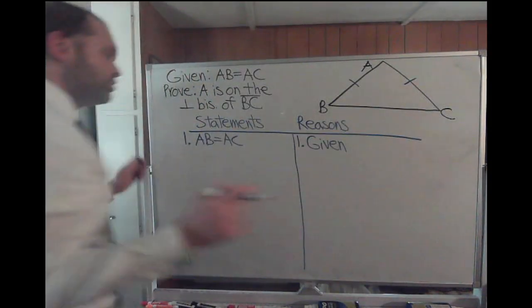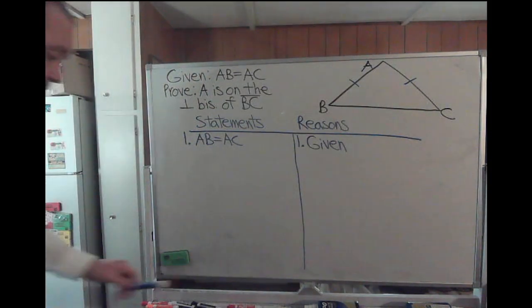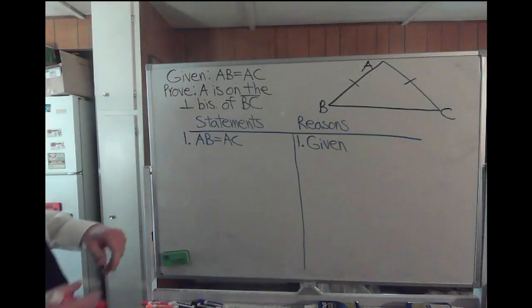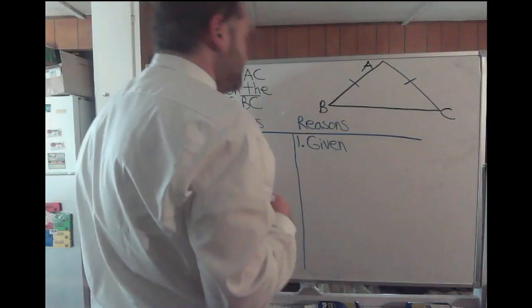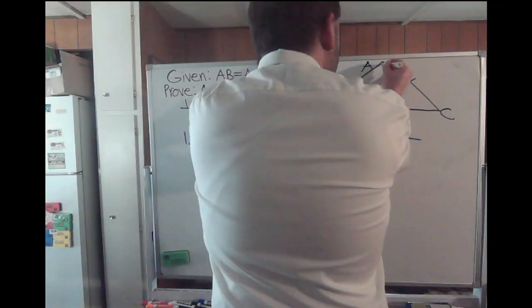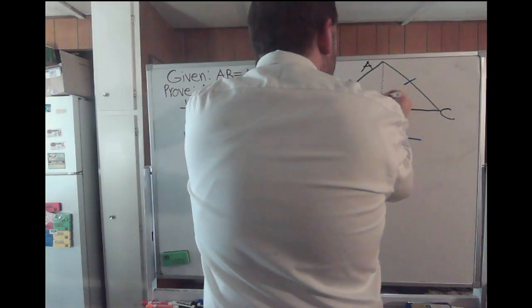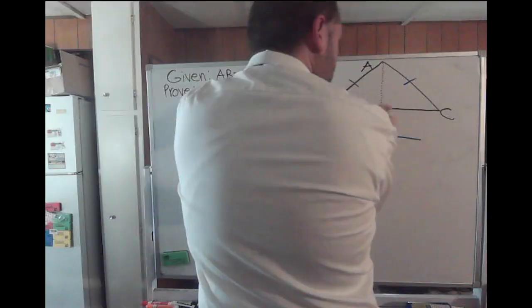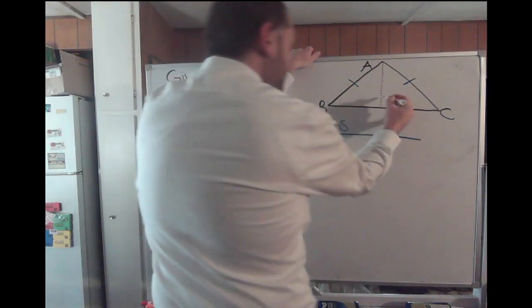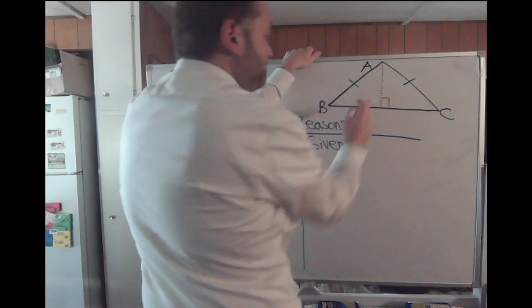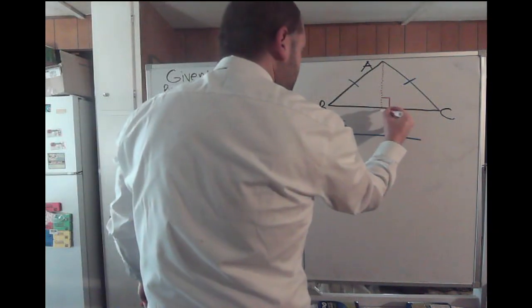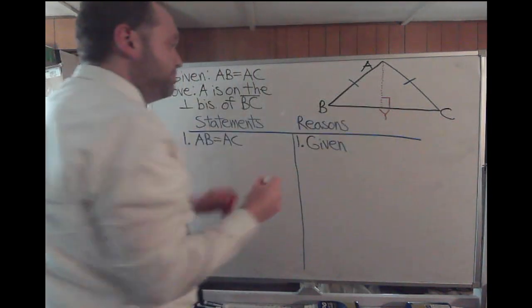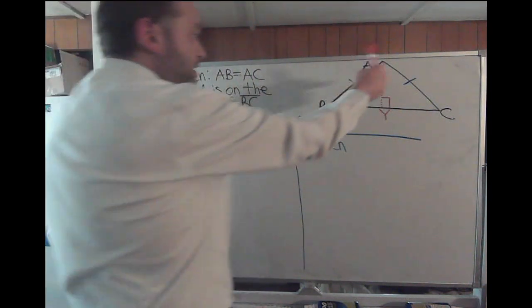Alright, this type of proof's a bit different. So what are we going to do here? You can draw what's called an auxiliary line. It is permissible to do that. So at point A, we are going to draw an altitude to BC. An altitude means it meets the side opposite that angle and it's perpendicular to that segment. We will call this here point Y, where BC and the altitude from A meet.